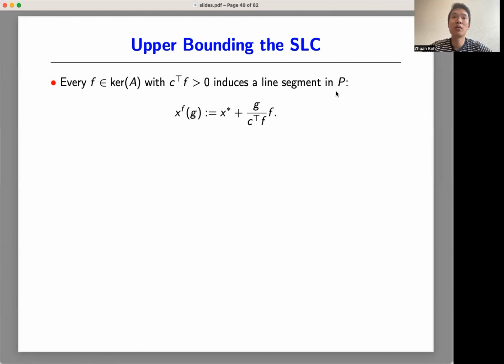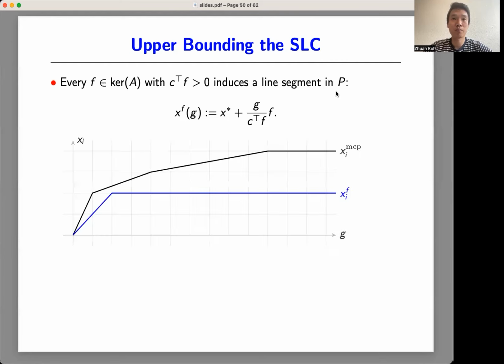And this line segment, xf, will be parameterized by g, which is the gap value. So for any value of g, xf of g is the point obtained by adding a maximum multiple of f to x star, such that the optimality gap is at most g.